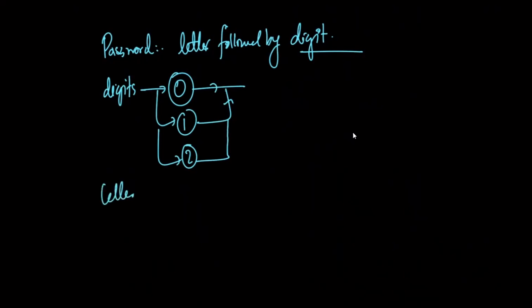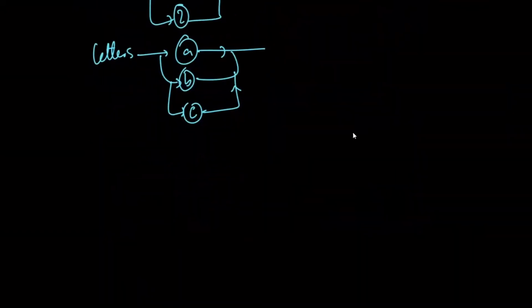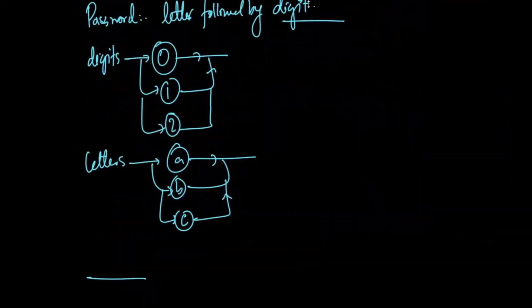Then for letters, we define the small letter a, then the small letter b, and then the small letter c, and then we put an arrow. Once we have given that notation, we can define the following Backus-Naur form. The first requirement is that we have a letter followed by a digit.